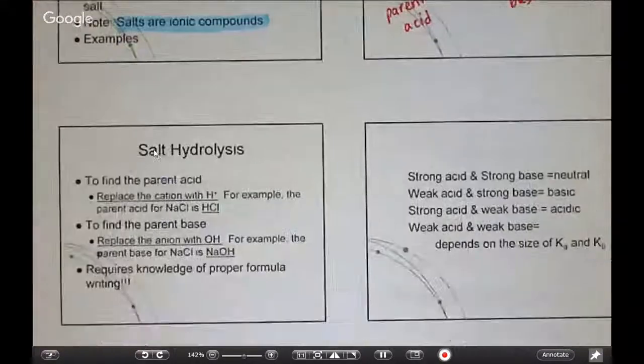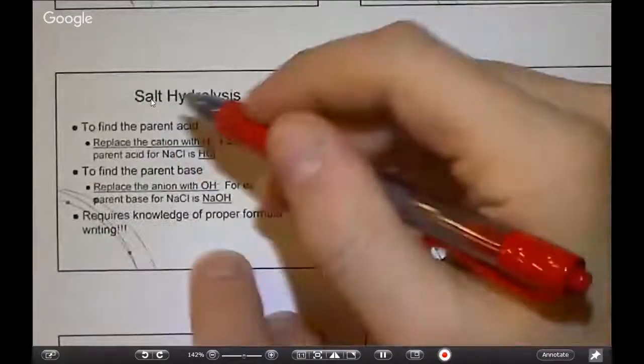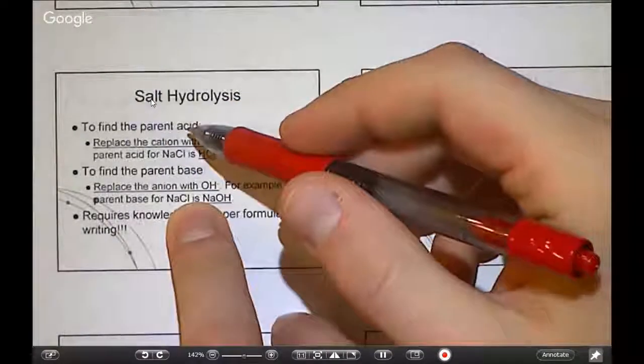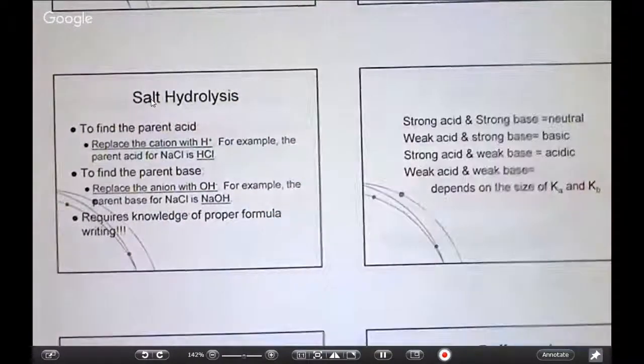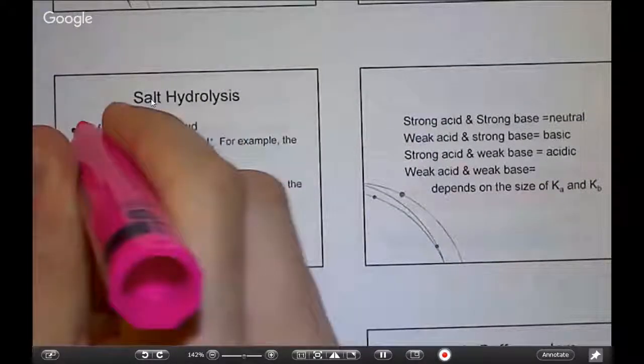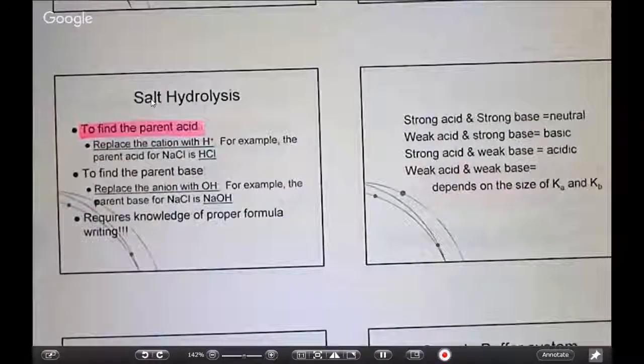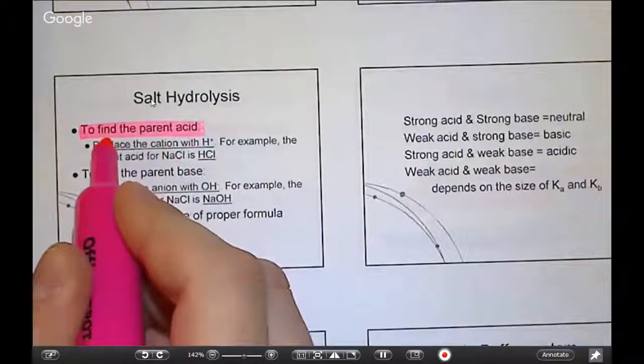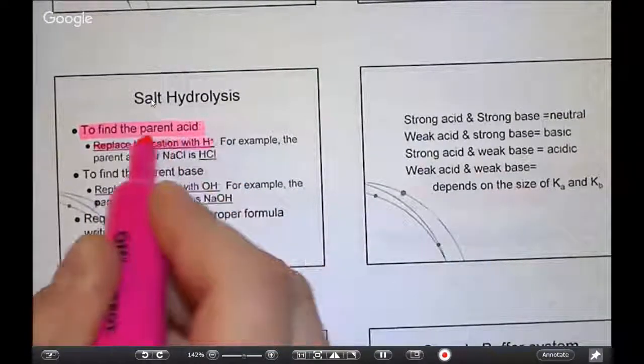So the nitty-gritty of this, how do we find or predict the parent acid and the parent base? Well, I'm going to use pink for acid because we'll see tomorrow with the litmus paper that the red paper is for acidic stuff. The blue we typically associate with bases. But to find the parent acid here, it says we're going to replace the cation with H+.